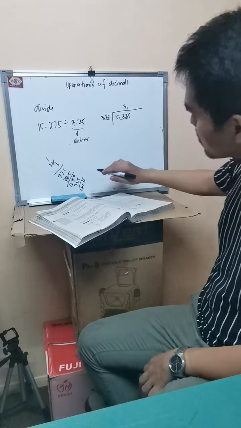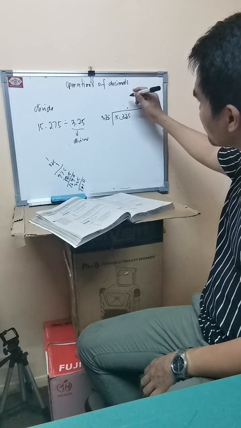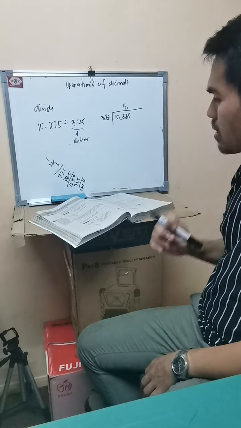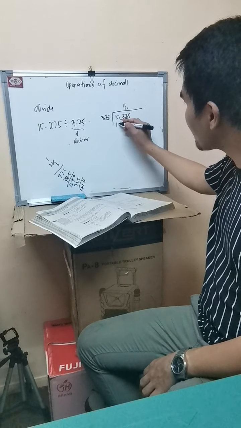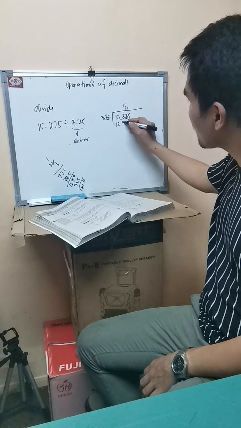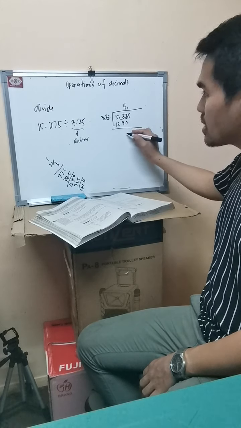So it's already too much, so we have only 3, not 3 but 4. Okay? 4 times 325 is 1,290.